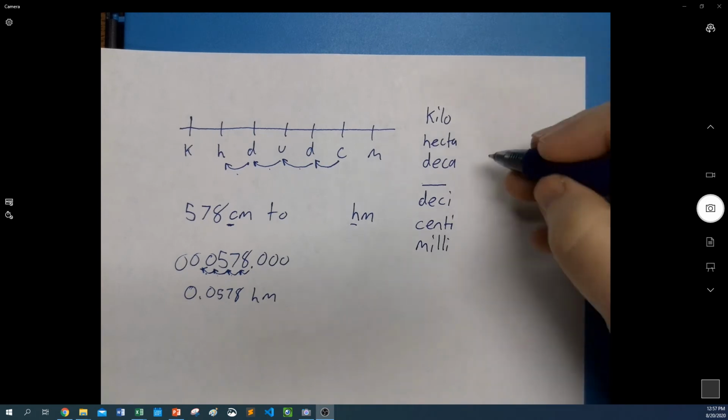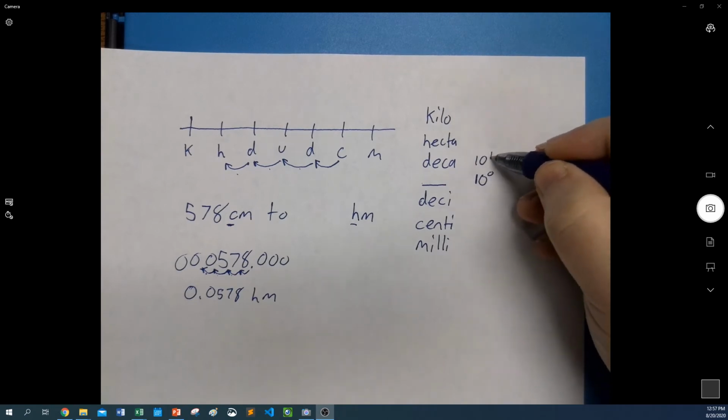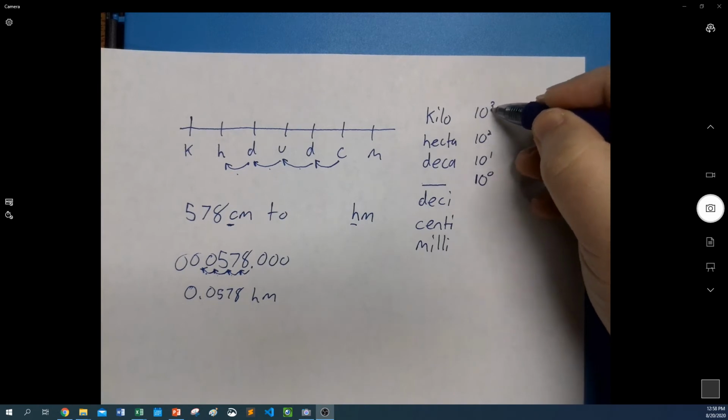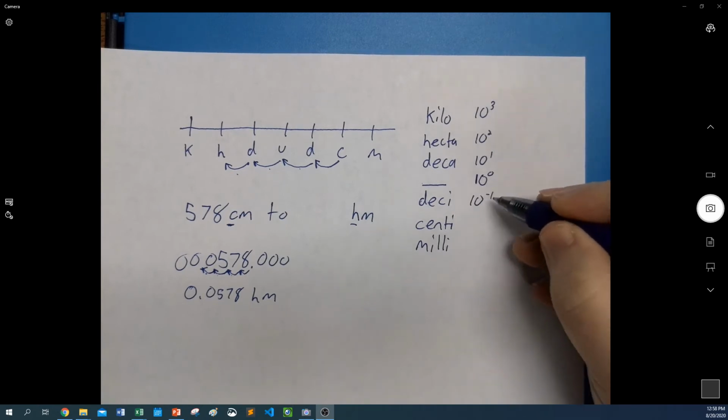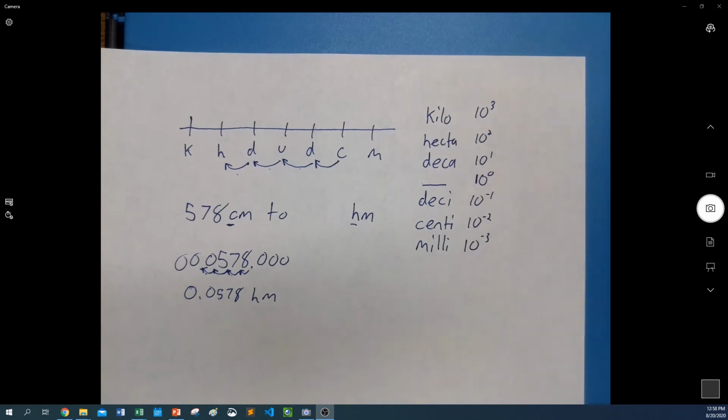So our base unit is just 1, our 10 to the 0. This would be 10 to the 1, 10 to the 2, 10 to the 3, and this would be 10 to the negative 1, 10 to the negative 2, 10 to the negative 3.